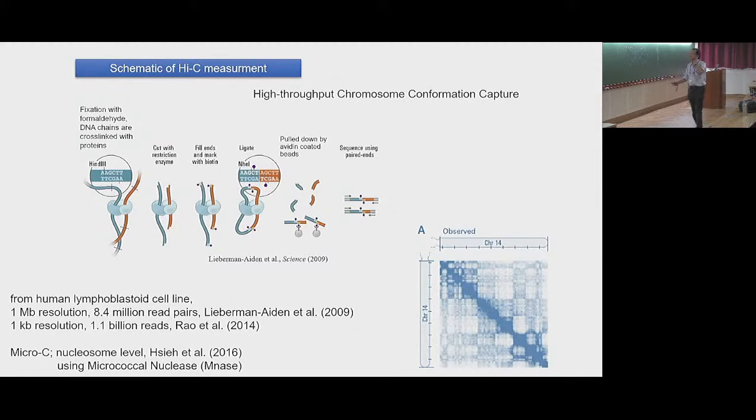So this is a typical result of the Hi-C measurement. This is the case for chromosome 14 of human cells, and this pattern shows the frequency of how different positions in chromosomes are in physical vicinity before adding the formaldehyde. I mean that this is not a single cell measurement, but a colony of cells, about 1 million cells, were treated and measured simultaneously.